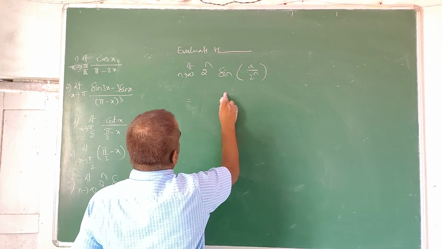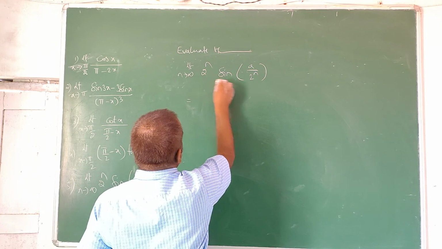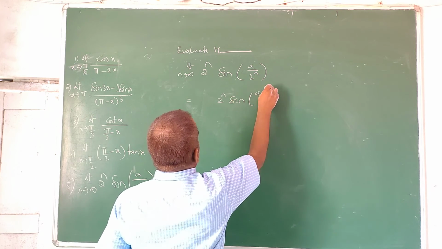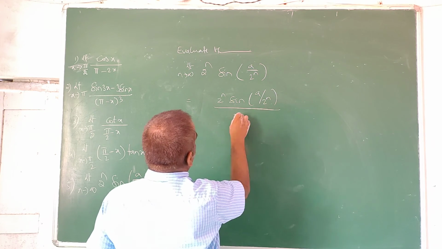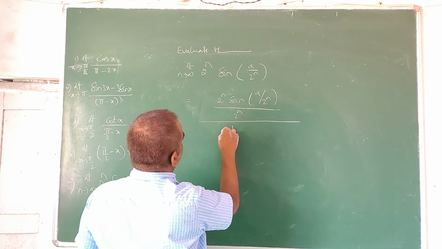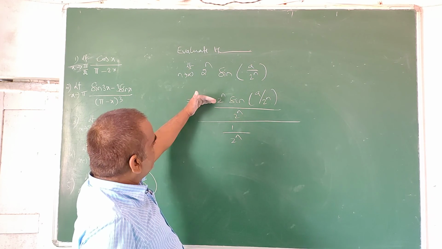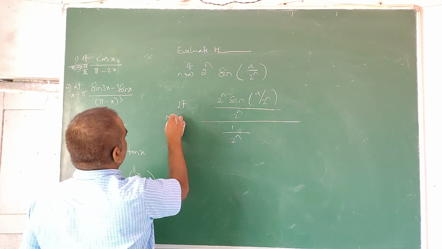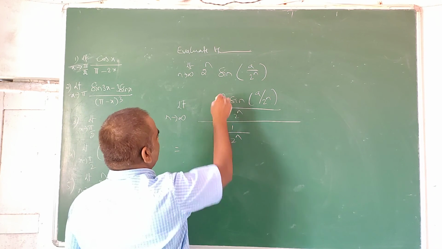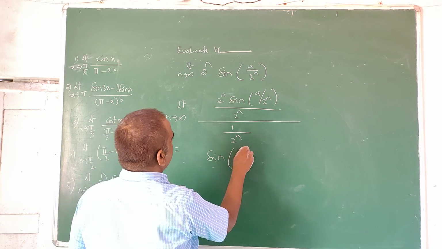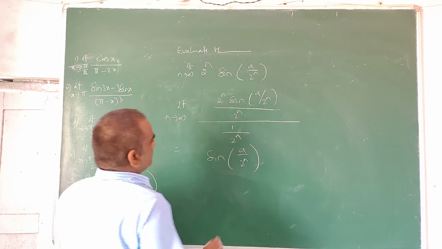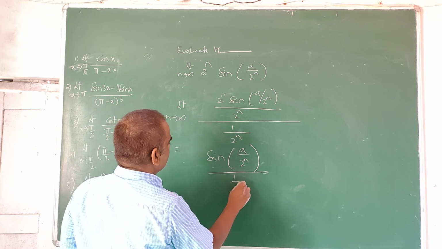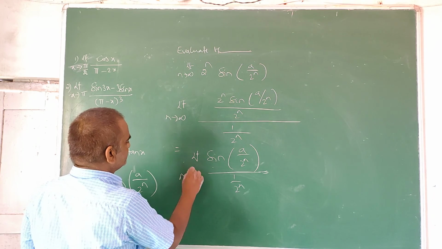Here I am dividing the numerator and denominator by 2 power n. So both numerator and denominator are divided by 2 power n, limit n tends to infinity. Now this 2 power n gets cancelled. So sine a by 2 power n, are you following? By 1 by 2 power n, limit n tends to infinity.